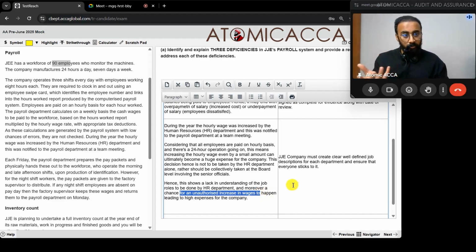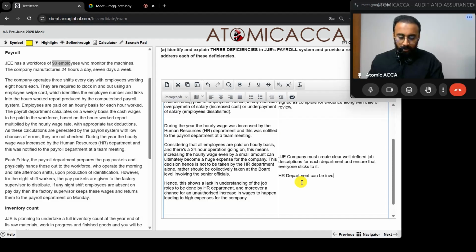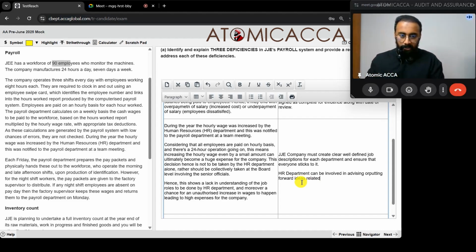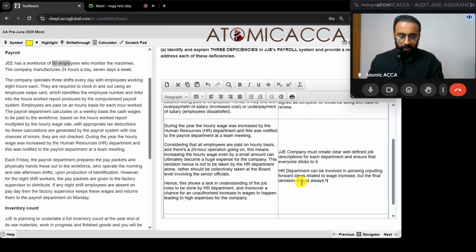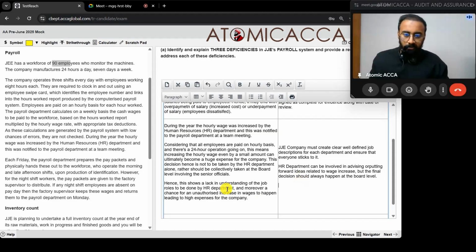So what can the opposite situation be? The HR department can be involved in advising or putting forward ideas related to a wage increase, but the final decision should always happen at the board level. What else can we flip over here?